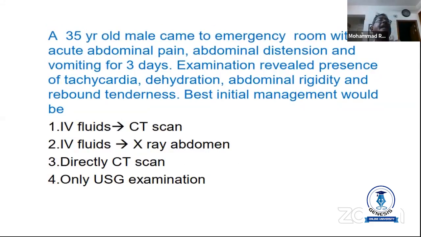A 35-year-old male came to the emergency room with acute abdominal pain, abdominal distension, and vomiting for 3 days. Examination revealed tachycardia, dehydration, abdominal rigidity, and rebound tenderness. Best initial management would be what?